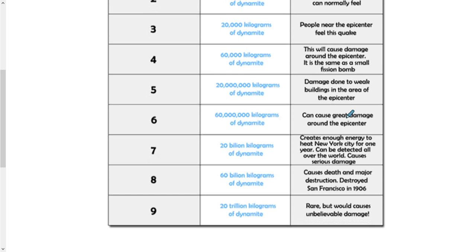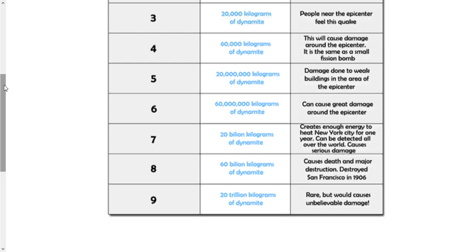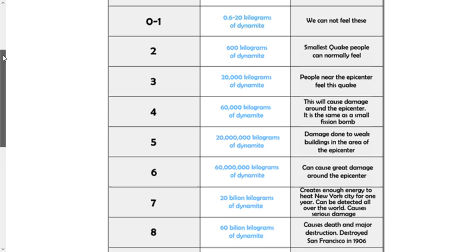Whereas when we start getting into 6s, it can cause great damage, but usually right around where it happens. A 7 can be detected all over the world. It can actually cause some serious damage. But as soon as we get to a 9, it's very rare, and it does cause unbelievable damage. So a 9.5 is something that is intense.